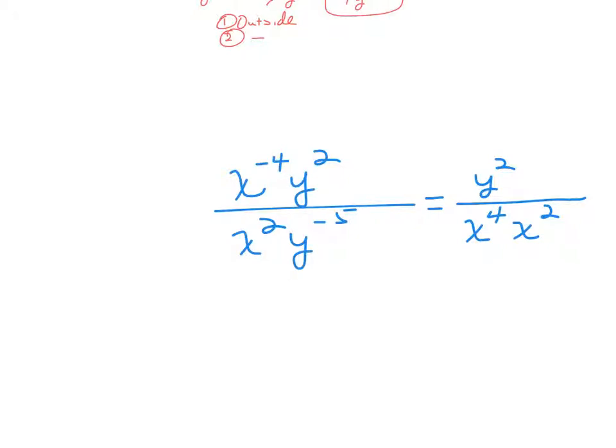But y to the negative 5 has to go to the numerator, so it can be y to the positive 5. Now let's finish this problem off. So we'll either multiply or cancel. This time nothing cancels. Nothing's common in the top and the bottom, so nothing cancels. So in the numerator I have y to the 7th, and in the denominator we have x to the 6th.